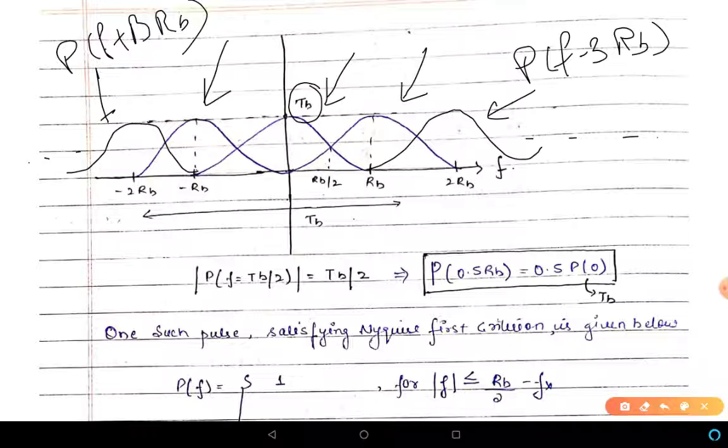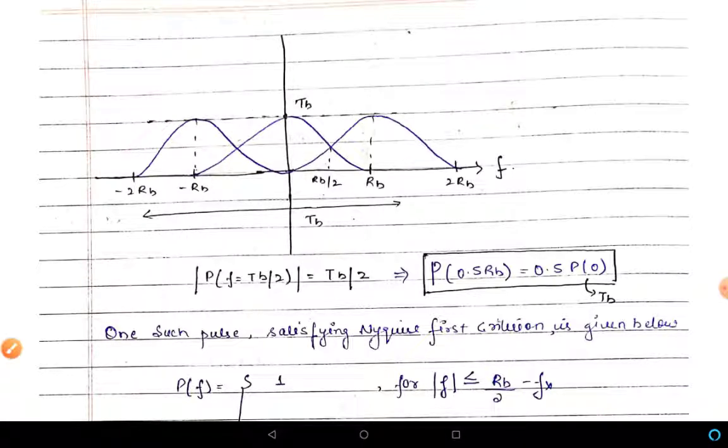And the important condition is that if I want the result to be Tb, a constant, then this condition must be satisfied. That is, P(f minus Rb/2) is equal to Tb/2. Now you can see that at f equal to 0, so I'll repeat again.